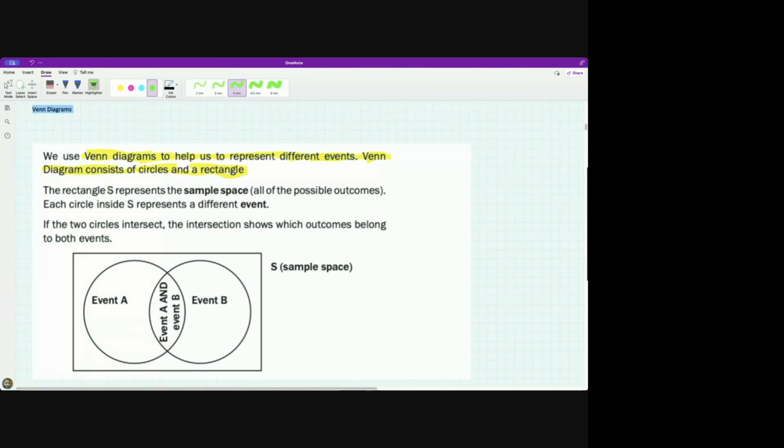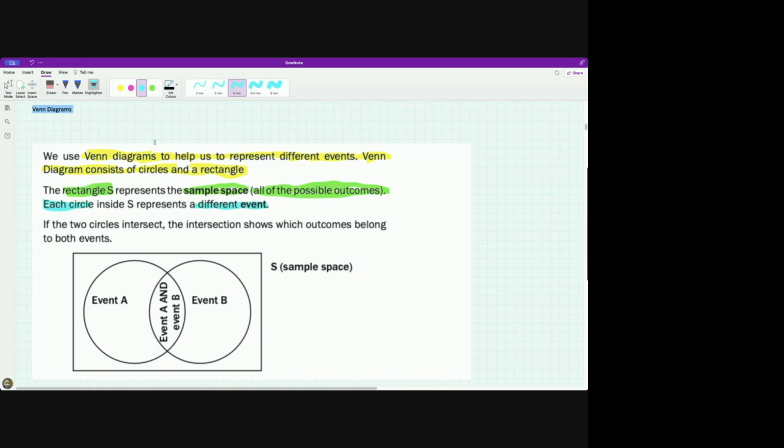Now, the rectangle is often represented by the letter S, and it's called the sample space. And it has all of the possible outcomes. Everything that's possible is in the rectangle. Then within S, each circle is a different event.